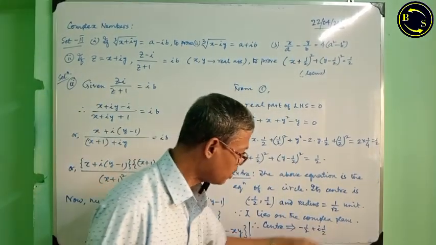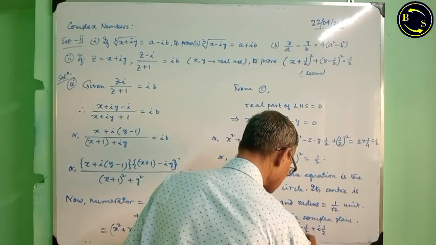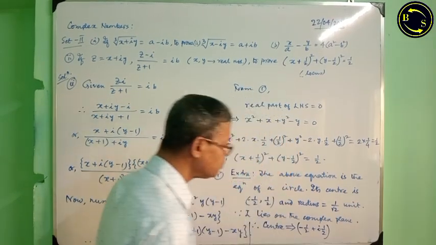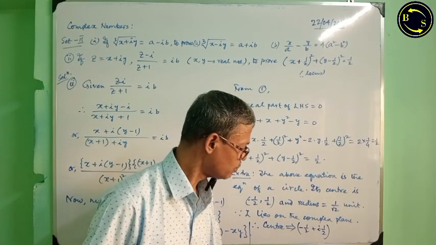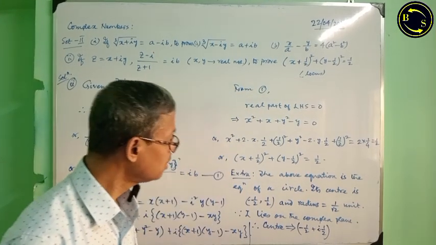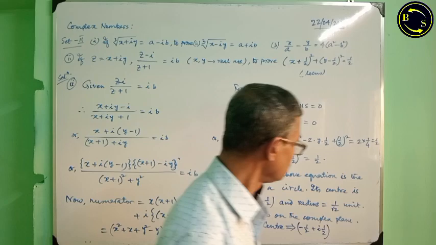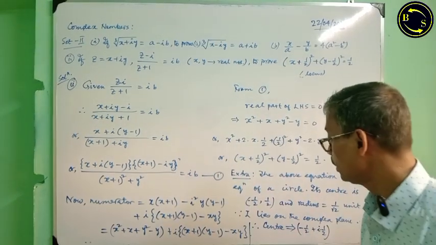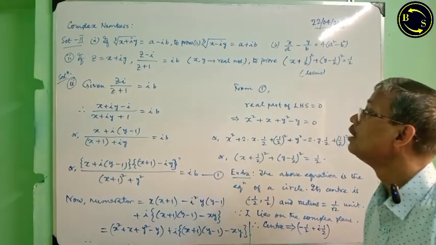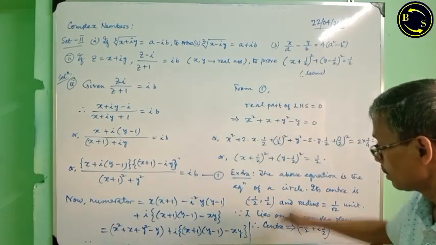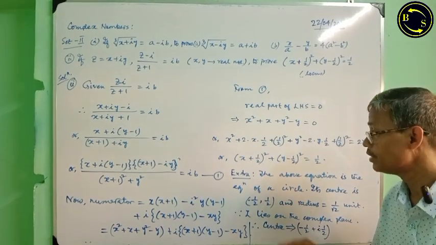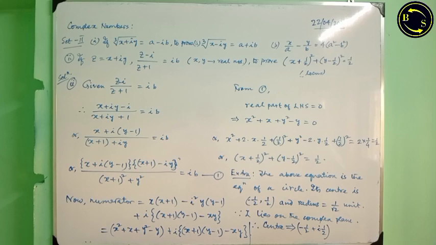In x plus iy form, note that, and radius is 1 by root 2 unit. Students are suggested to note this part. This was not actually in this problem, but I have discussed it separately. It will be required later.